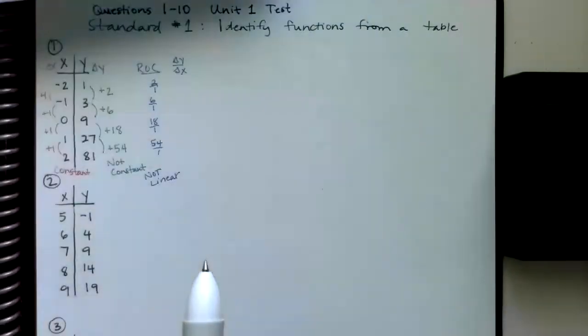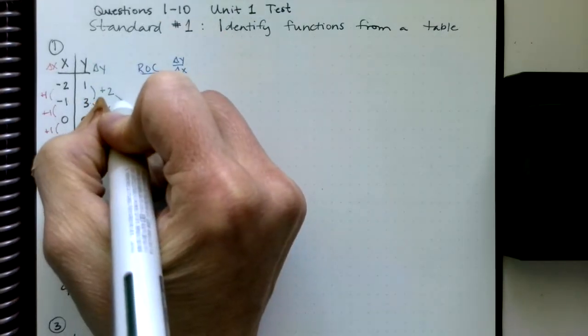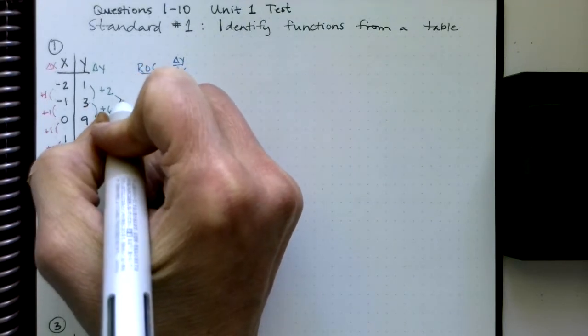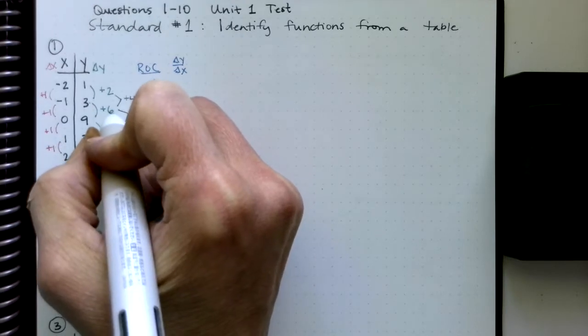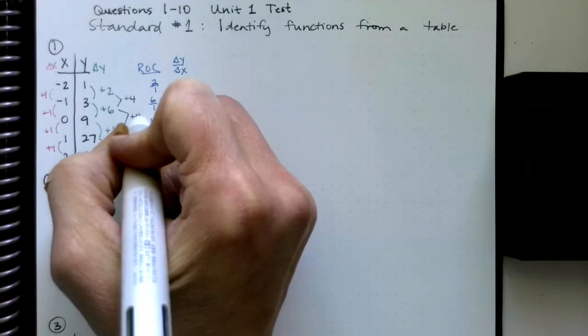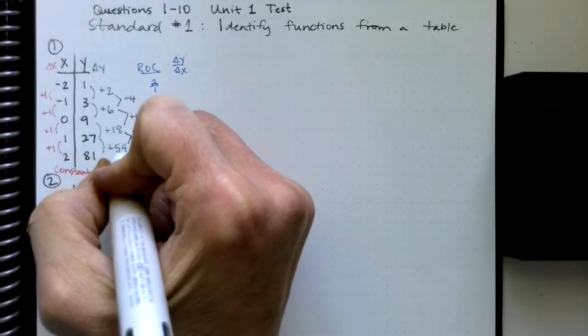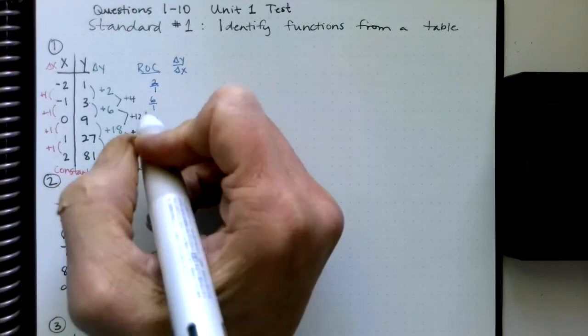So I'm going to go back over to my y values and look here. This difference from 2 to 6 is increasing by 4. From 6 to 18 is increasing by 12. And from 18 to 54 is increasing by 36.